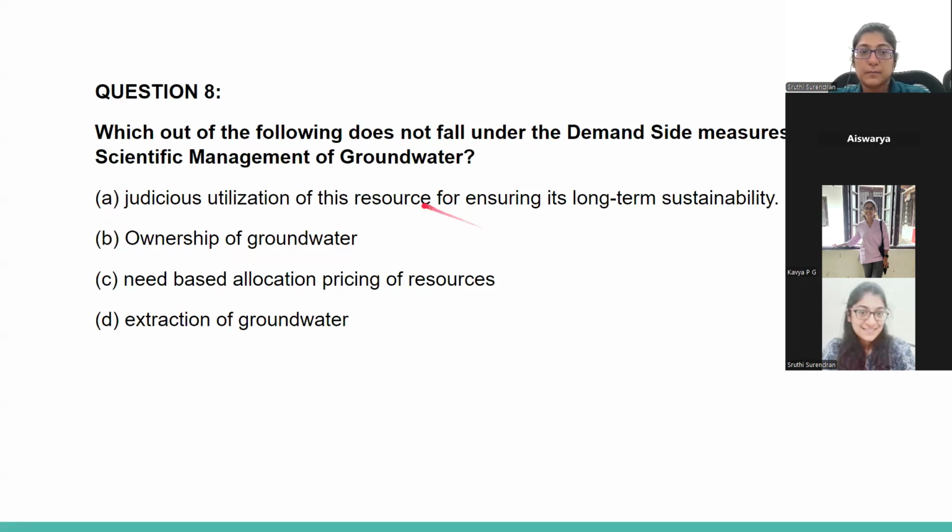Again, based on the scientific management of groundwater, which of these does not fall under the demand side measures? We checked out what categories of management techniques focus on what is under supply side and demand side. So out of these four, which option doesn't fall under demand side measures is the question.